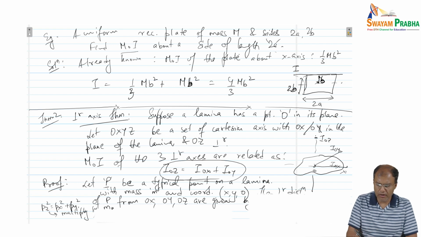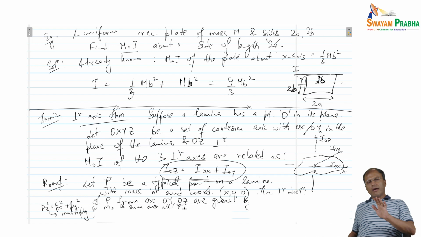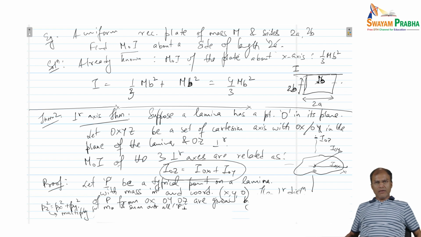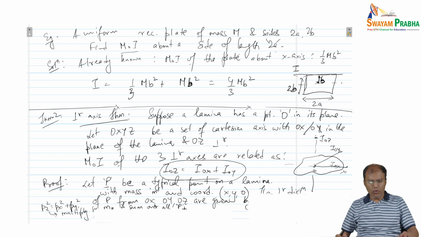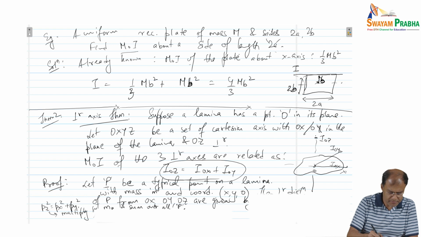So we multiply by mass MP and sum over all point objects P. So we see that that is what we have, right? Okay. So which means that OZ is equal to OX plus OY.